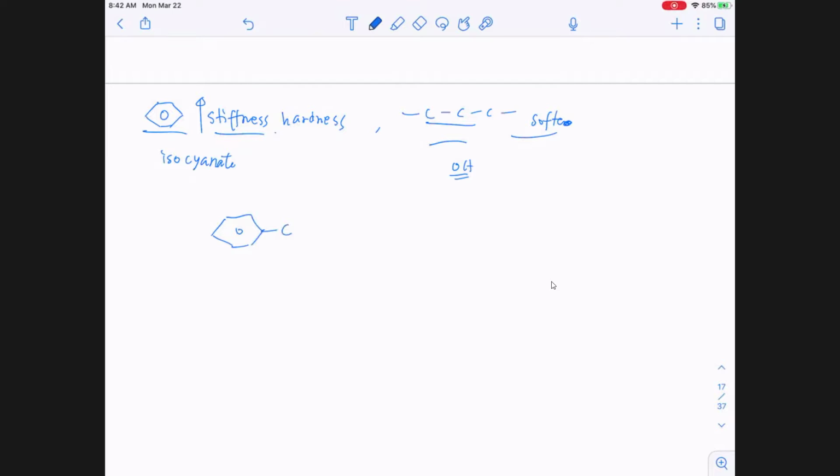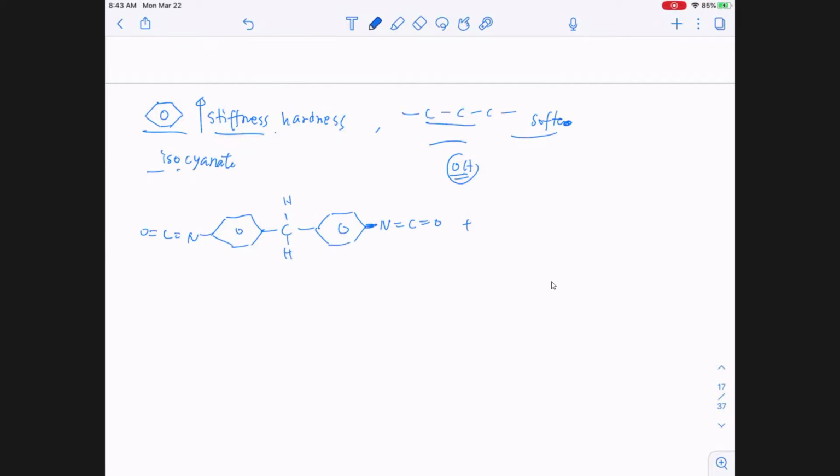You can put a methyl group and another benzene group because that's symmetric. For the reaction we need a double NCO, right? And meanwhile, we need a double OH group, because OH can react with this one.